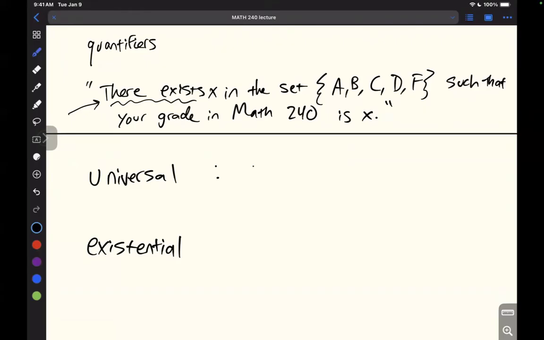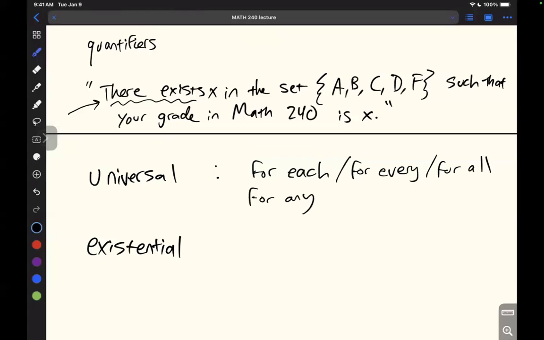But this is basically saying like for each or for every or for all or for any, etc. You get the idea. We're saying this is a universal quantifier. So for any value that this could hold, and we write that as the upside down A.